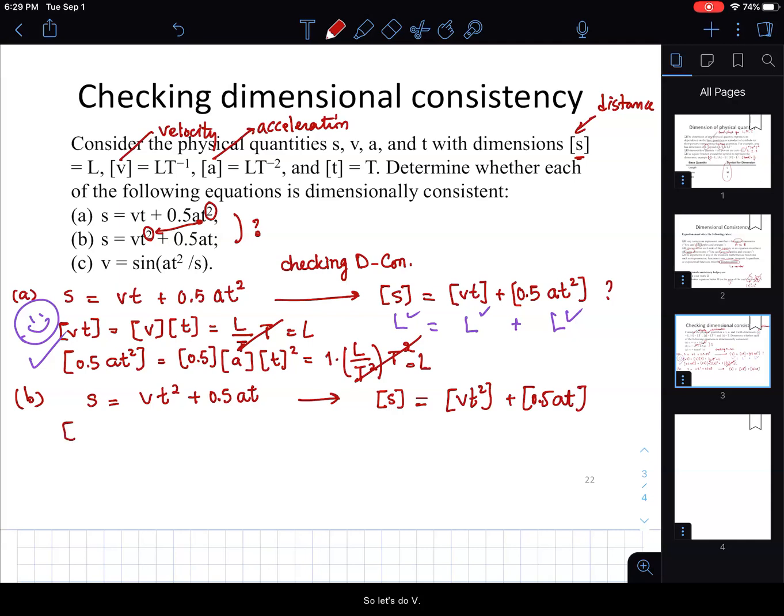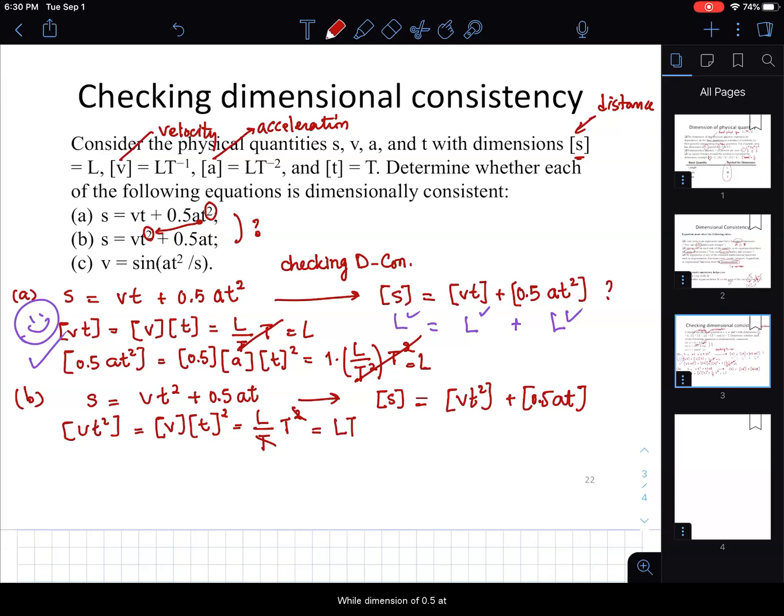Let's do VT squared: the dimension of V multiplied by the dimension of T squared. The dimension of V is length over T, and the dimension of T squared is T squared, so you end up with LT.